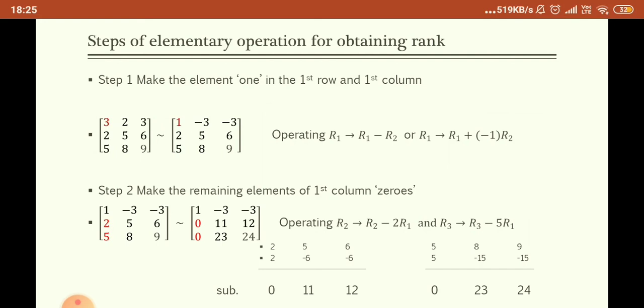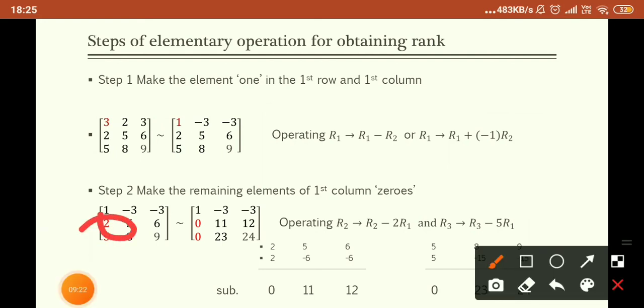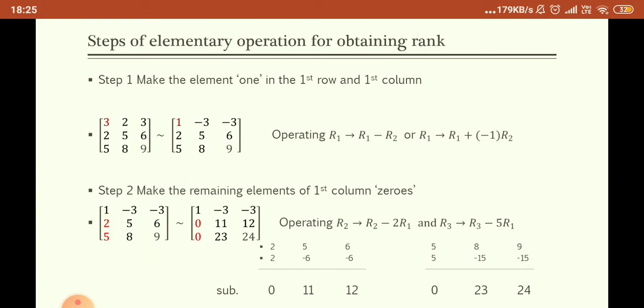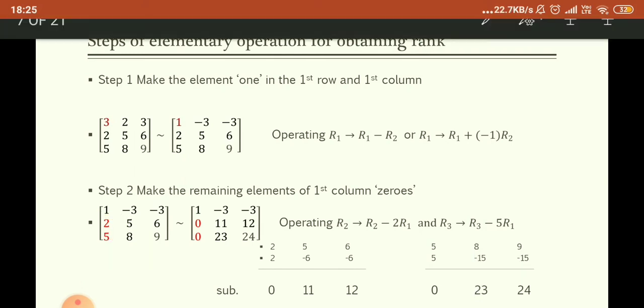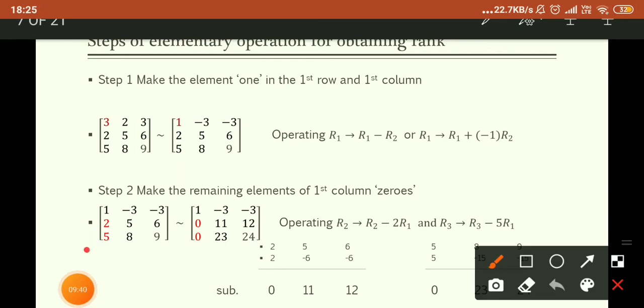So here to make this element 0, the 2, we will multiply the first row by 2 and subtract it from the second row. So second row minus 2 into first row will give us this element 0. Similarly third row minus 5 into first row, because here it is 5. So we multiply the first row by 5 and subtract it from the third row.